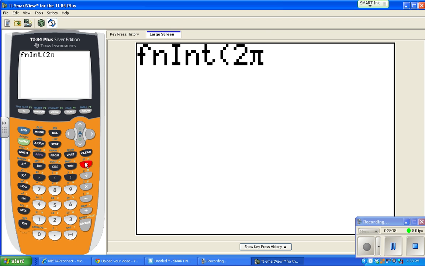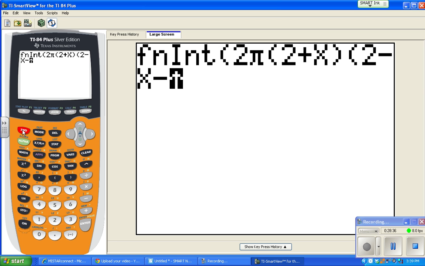So 2 pi, parentheses, 2 plus, and you can type a y if you want. I'm not going to. I'm just going to type x so I don't have to work so hard. Times 2 minus the square root.